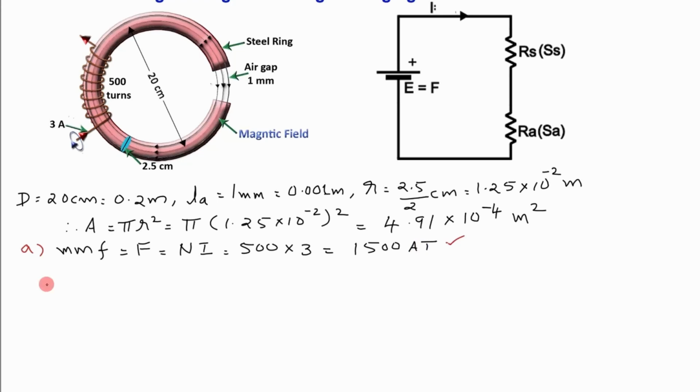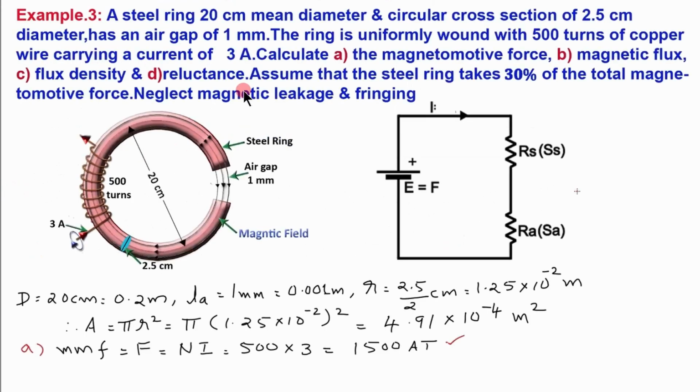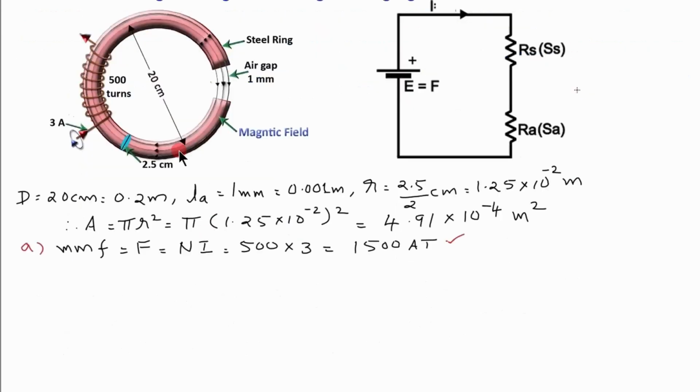Therefore, magnetic motive force of steel ring is, in the question it is given that we have to assume that the steel ring takes 30% of total magnetic motive force. Therefore, magnetic motive force of steel ring is Fs is equal to 1500 into 30%, that is 30 by 100, which is equal to 450 ampere turns.